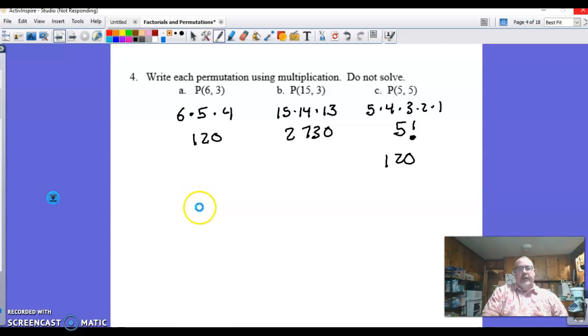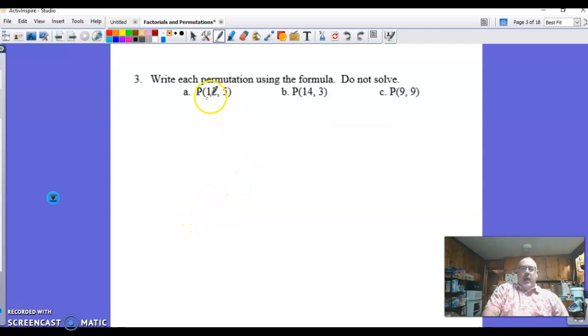Go back to number 3, wait for the slow computer. If you have nPr, then it is n factorial divided by, and you subtract them, (n minus r) factorial. The last one said do not solve, and I solved it.